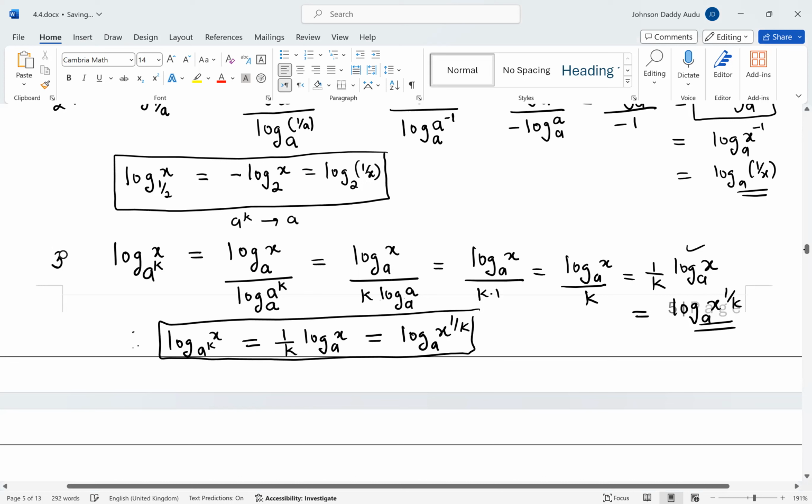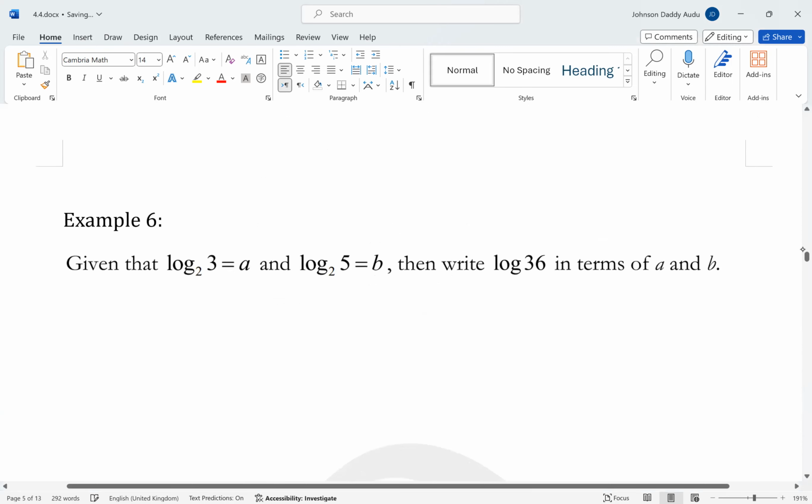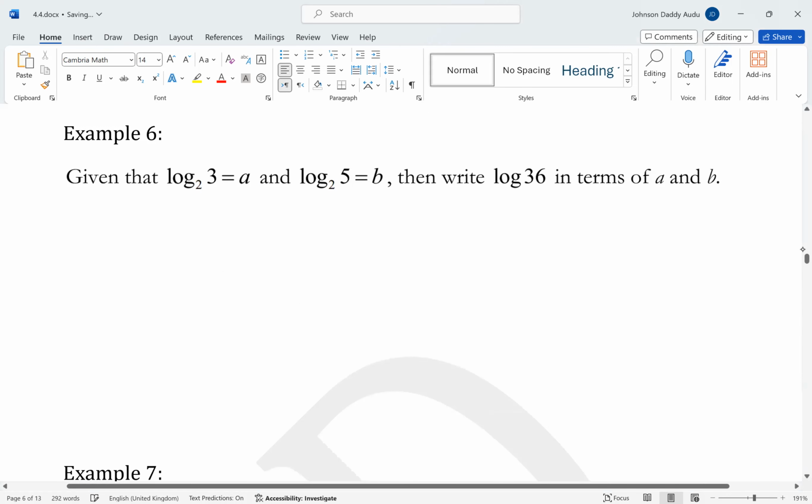All right. So here now, let's go and see some applications of these. Let's start with this one, example 6.